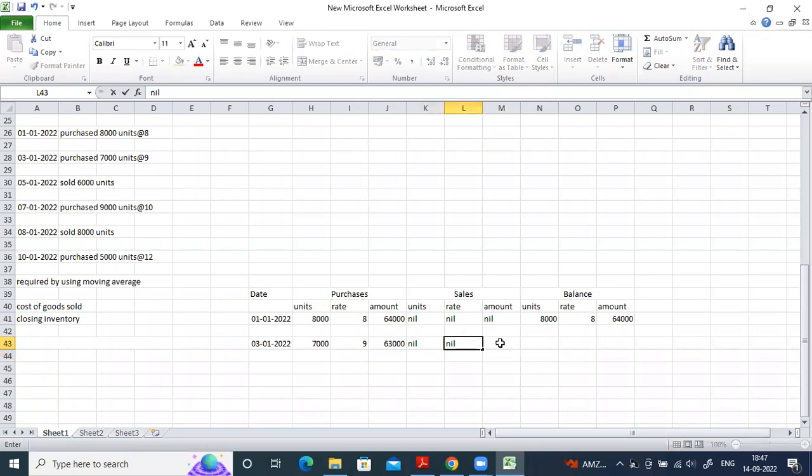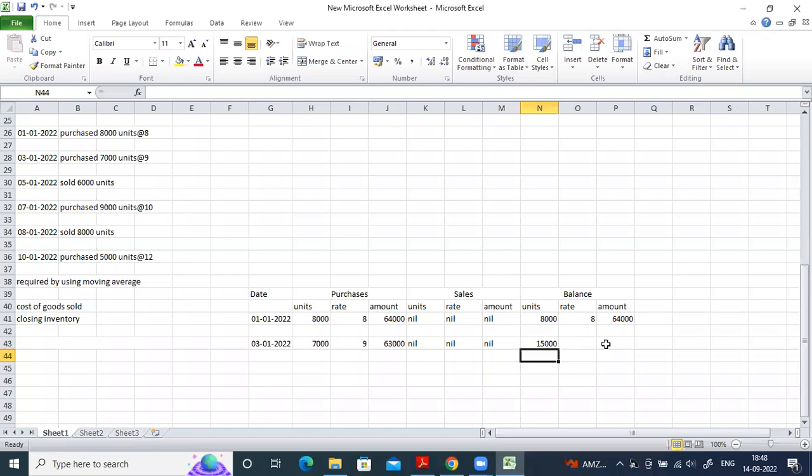Now see how we should write in balance. Already how many units are we having? 8,000 units, right? And on 3rd January, how much did we purchase? 7,000. So 8,000 plus 7,000, the total units will be 15,000.